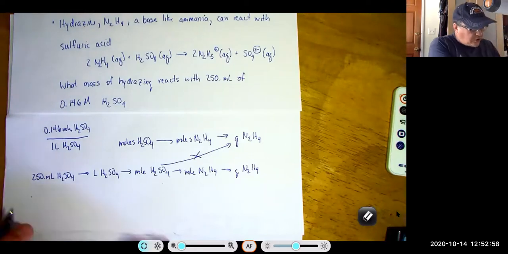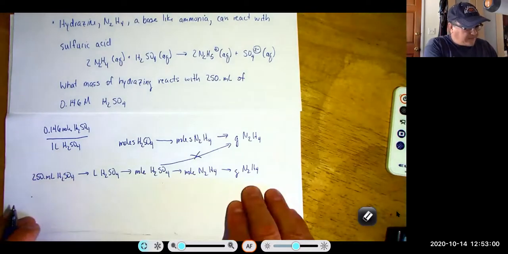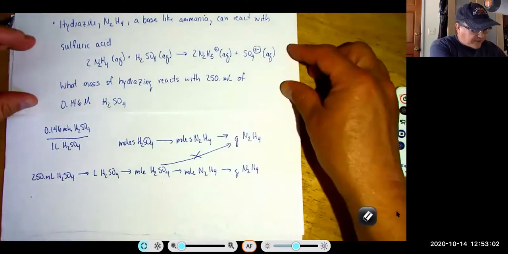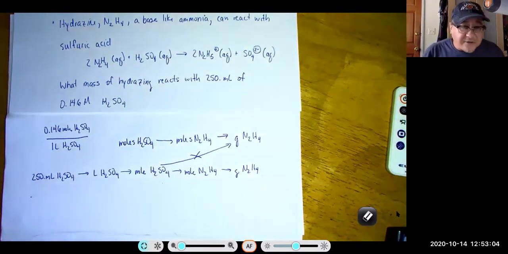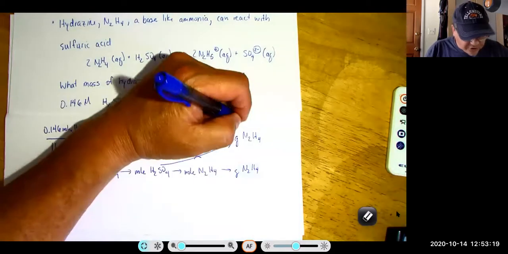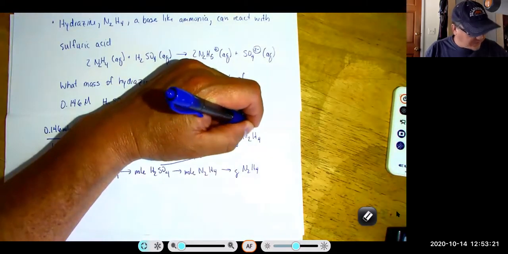So you have the pathway, you have the numbers up here. I want you to work out the solution. I'll get you the molar masses. So this is 32.02.